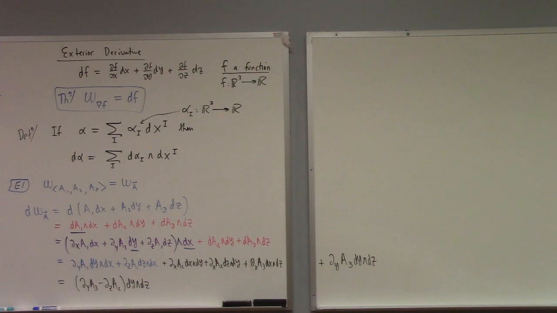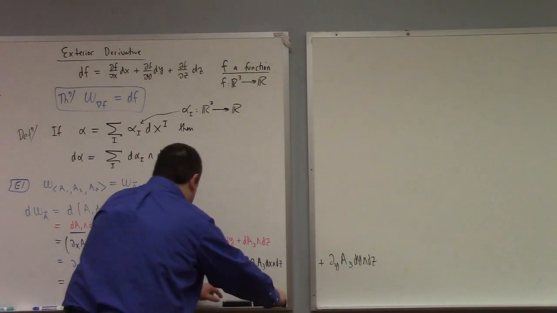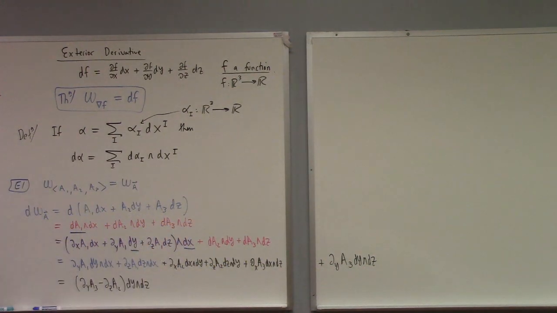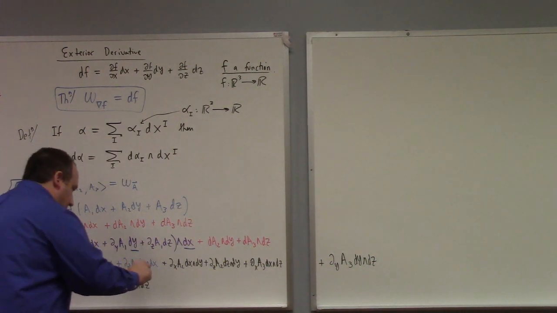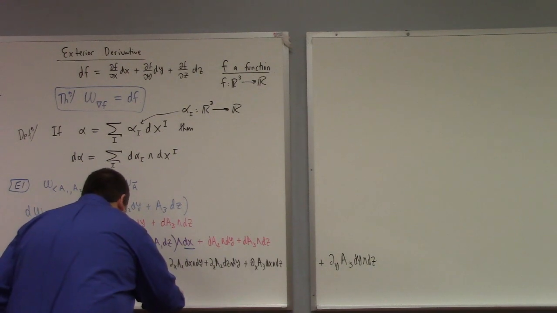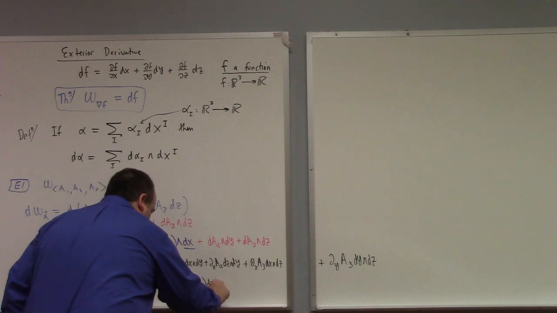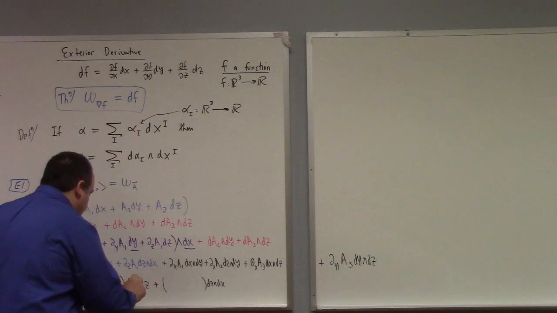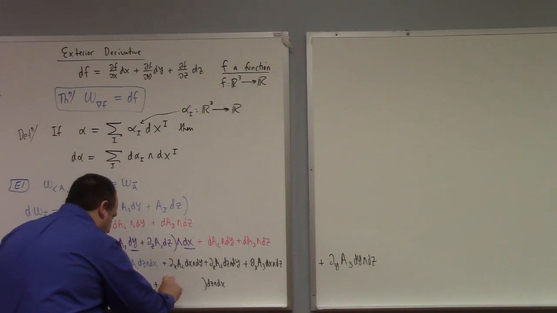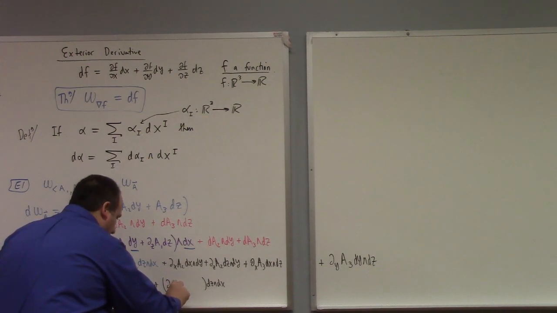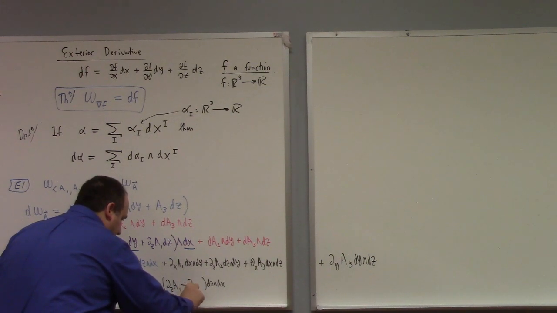All right, and continuing, we've got plus, let's see here. Next, I'm looking for the dz wedge dx terms. And so dz wedge dx, well, I've got one right here. That's partial z a1. And then there's another one that I have to get a minus from.